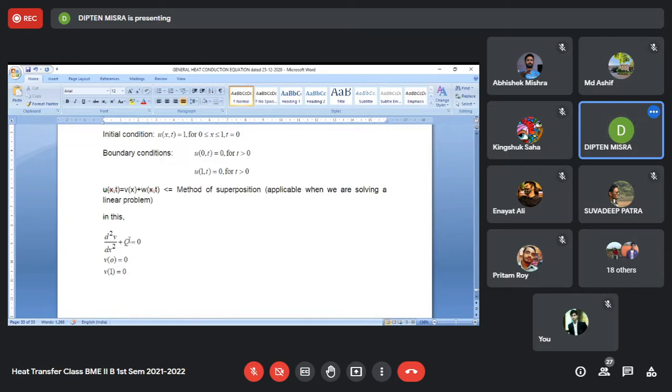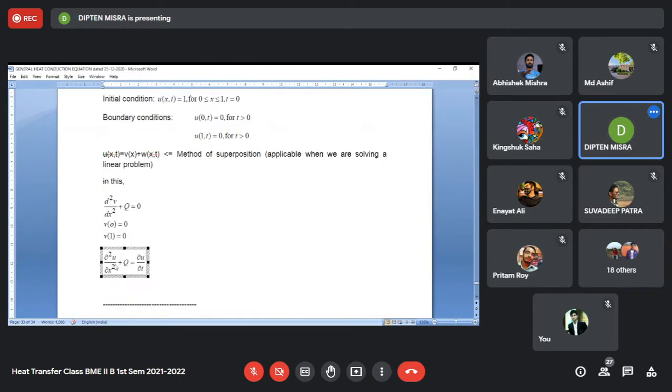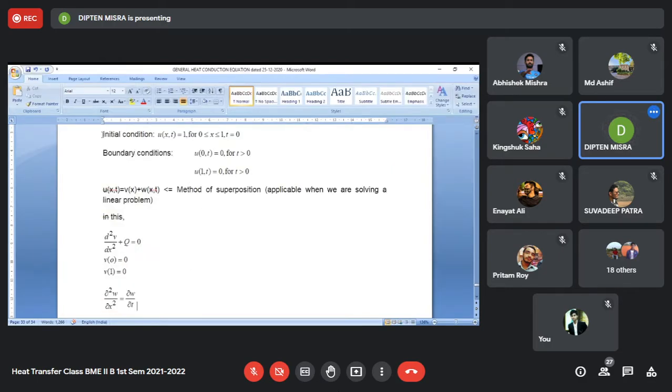And there is another problem that is in terms of W. In that we have, and subject to boundary conditions like this, identical to this.